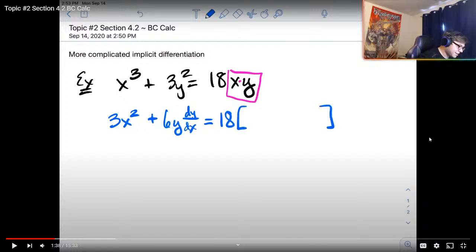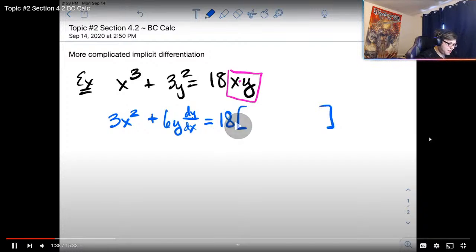So this would be 1 times y plus x times y prime. No, x times 1. Then you would distribute and get, I don't know. Trust me, the product rule is much nicer than the quotient rule.